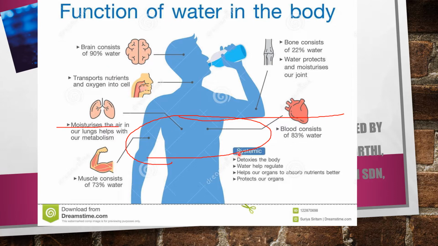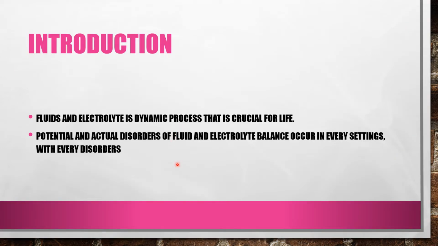Not only the brain, but the heart, lungs, and every body organ need fluid and electrolyte balance to function. Even to transport food and for digestion, this balance is important and must be in a specific range, not low and not high. In this video, we will see a small introduction about what fluids and electrolytes are and why they are needed.